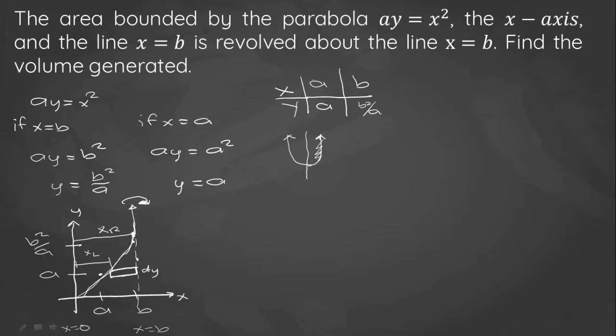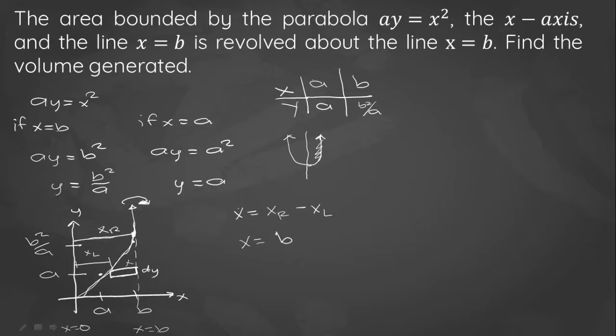So we can express this as x is equal to x right, or the right function, minus x left, the left function of our graph. The value of x right is this line, that is x is equal to b.